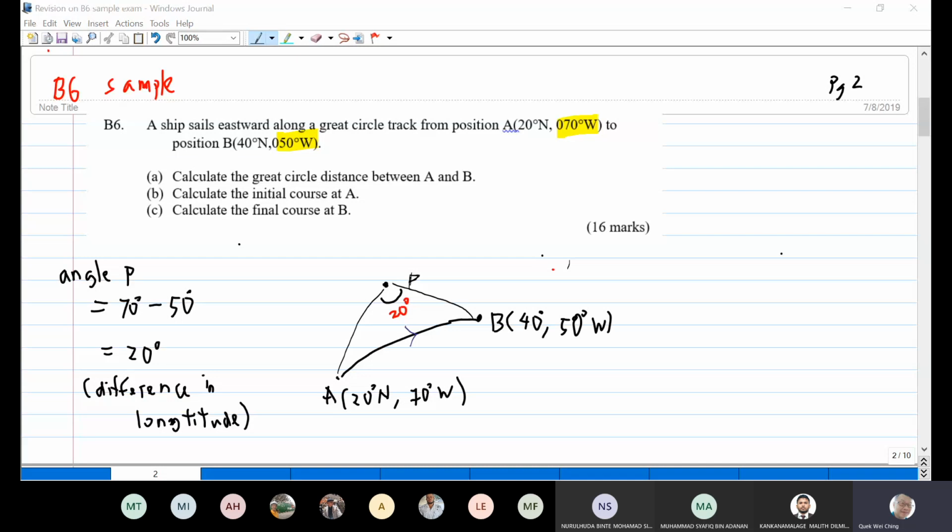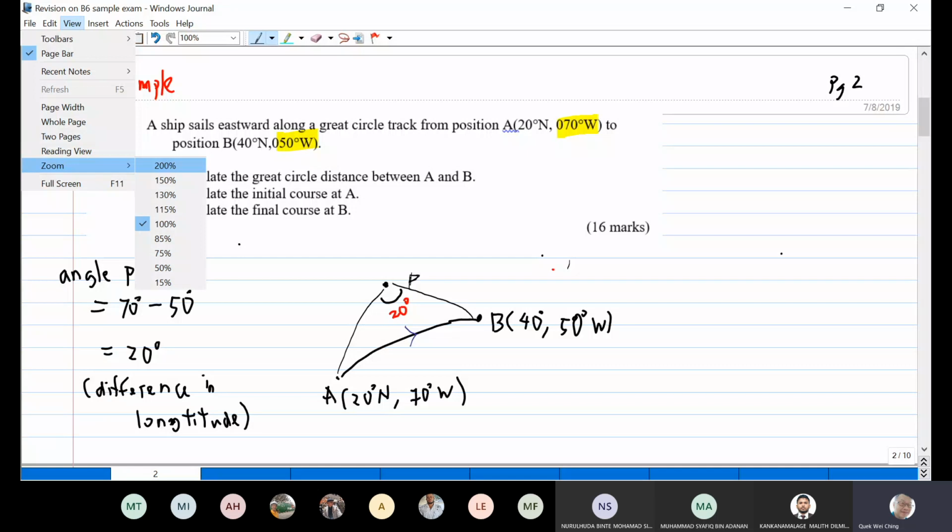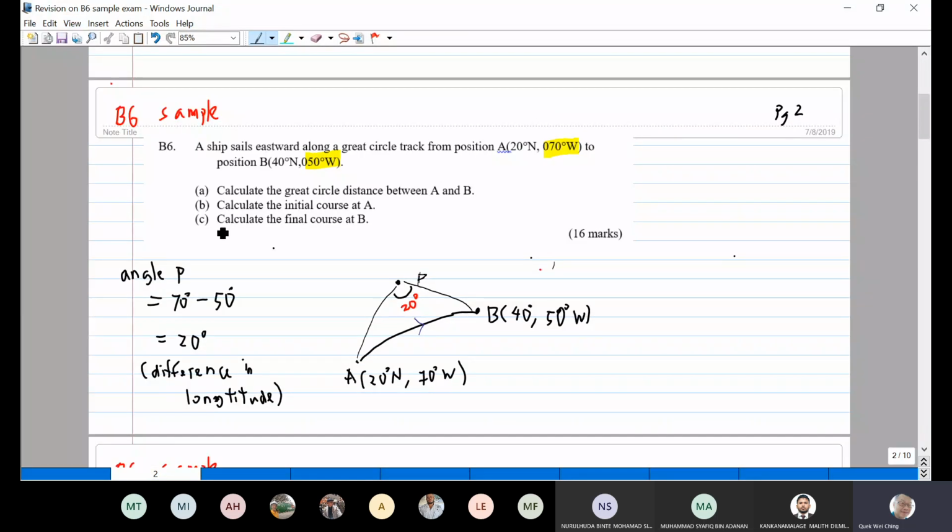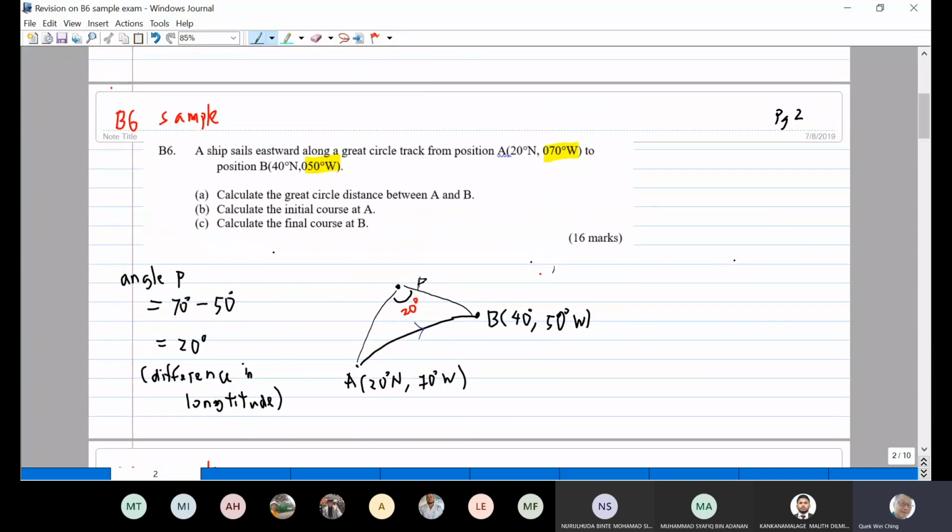I'm going to build this one smaller. How to find angle P? You look at from A to B how much the longitude has changed.